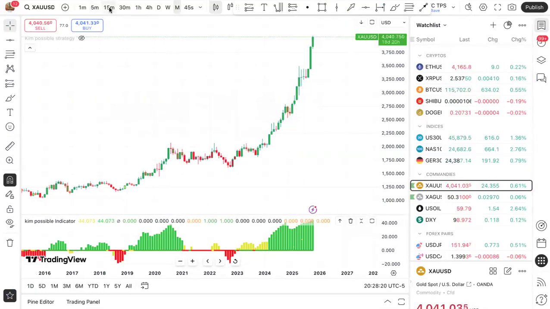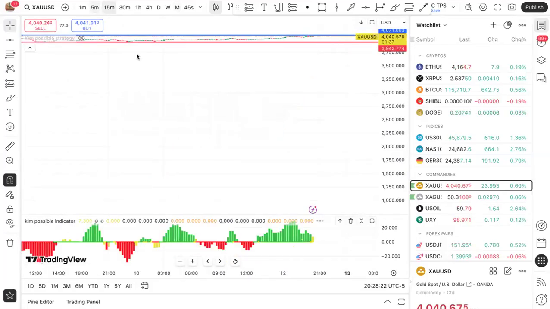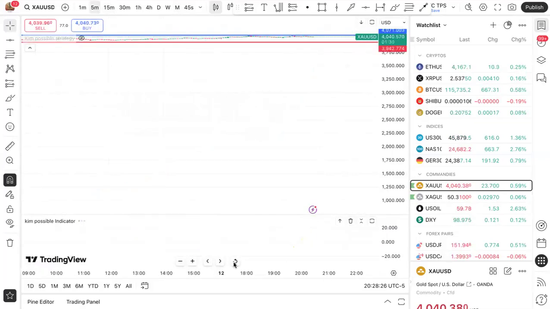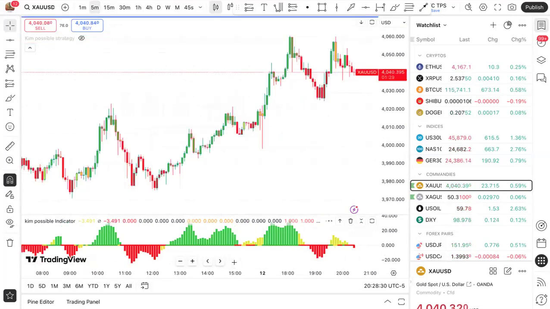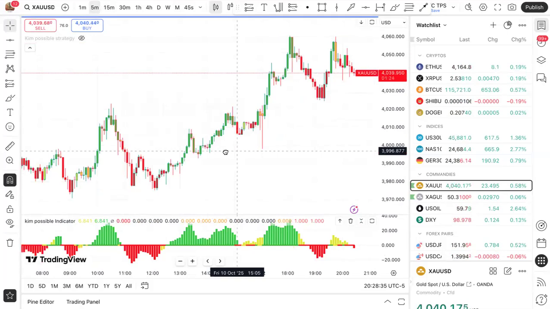Let's see what's going on here. So the trading strategy is available on TradingView. It's not free. You have to pay for it. Unfortunately, the strategy is not free.